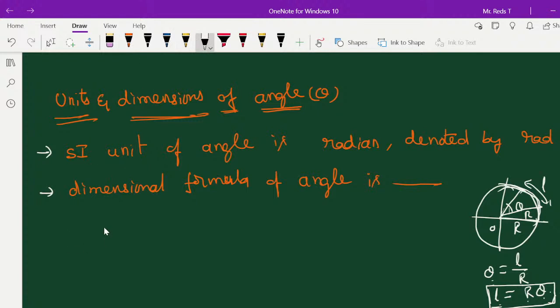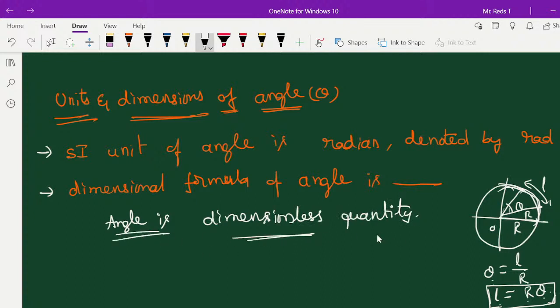Write down: angle is a dimensionless quantity. You have to keep this in mind.